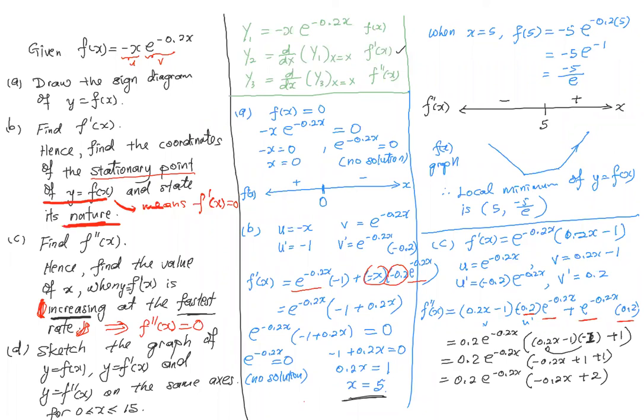Now I'm going to copy down on the next page. My f double prime x is equal to 0.2 e to the power negative 0.2x times negative 0.2x plus 2.